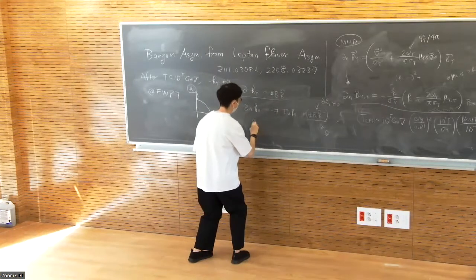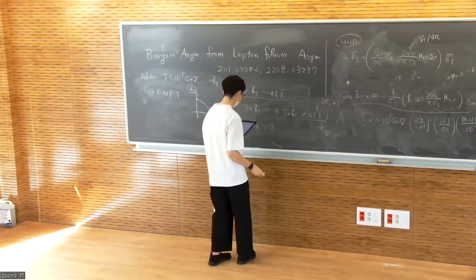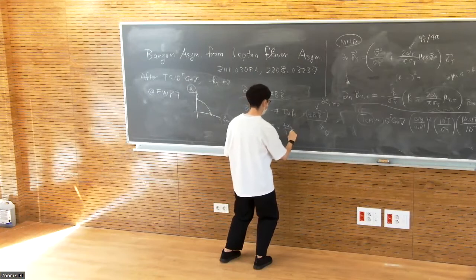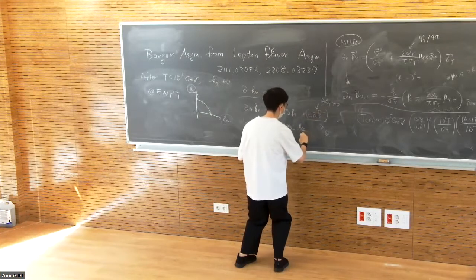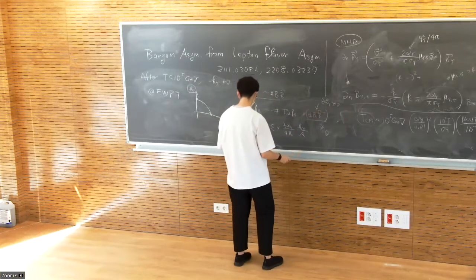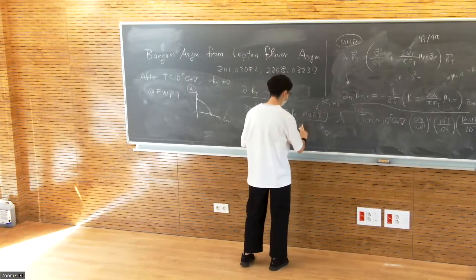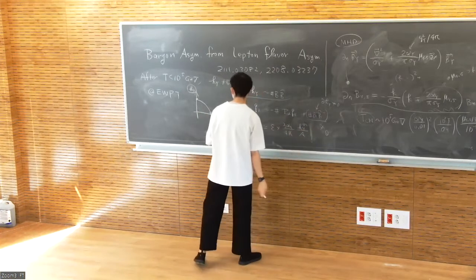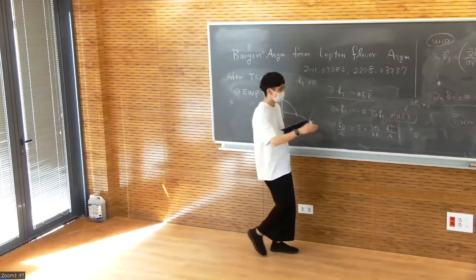So it should be given like the washout factor times something. The something is just coming from the definition of H_Y, so you can forget about it. But H_Y divided by entropy density. So you can see that if you have a helical magnetic field before the electroweak phase transition, you can generate some amount of baryon asymmetry.